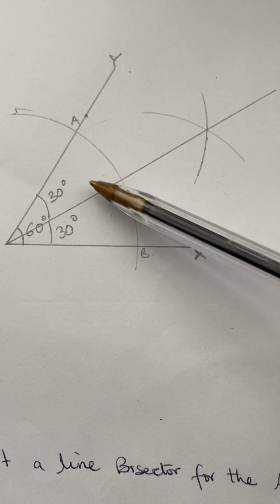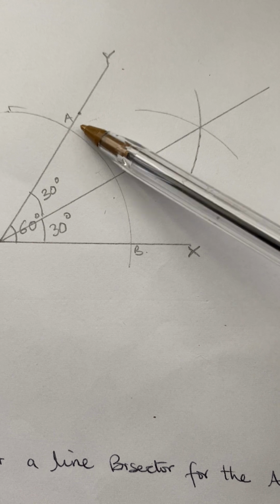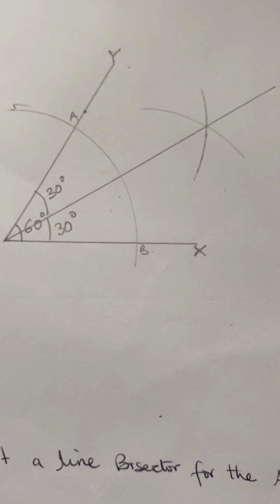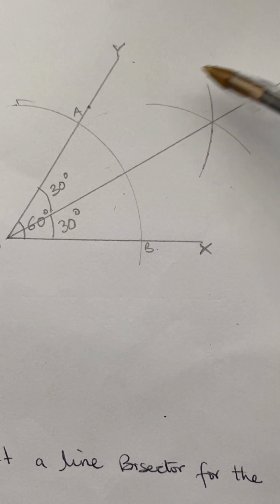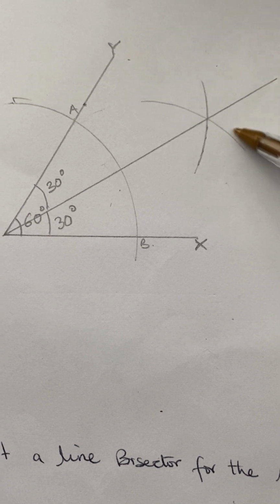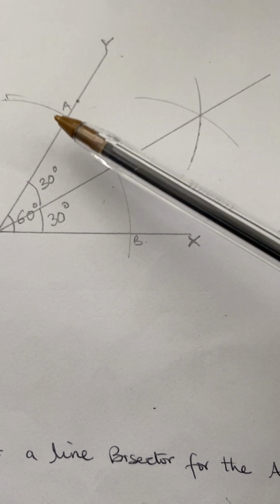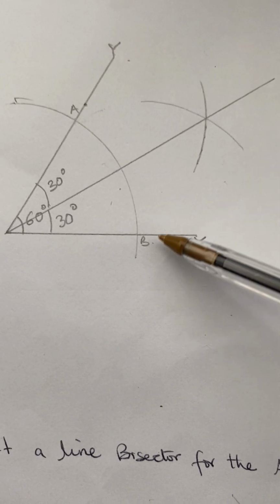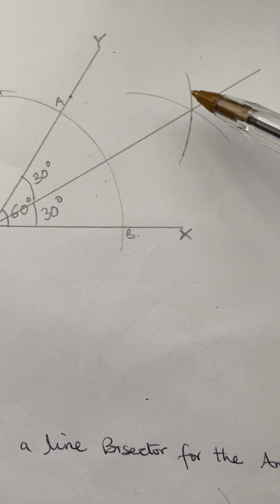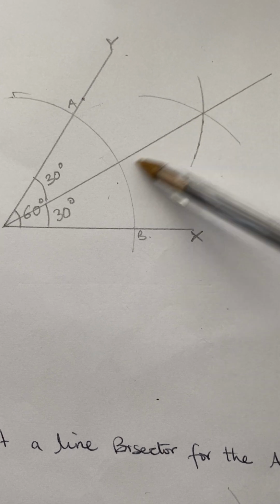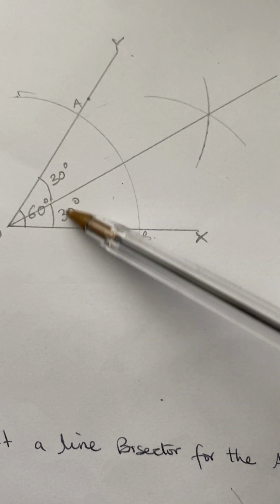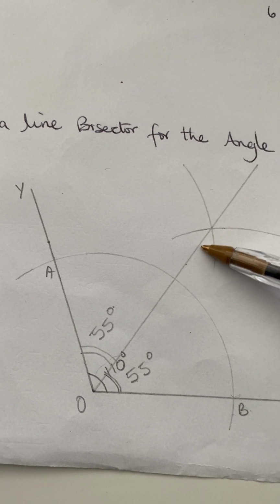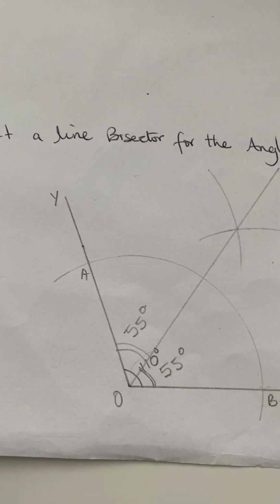Our reference became A and B. We used that reference, and then with the same arc size on the compass, or a little extended, okay, we drew an arc from reference point A and another arc from reference point B. Where they met was our angle bisector. We measured it and we got exactly 2 equal angles, and then we saw that again repeating itself for this example as well.